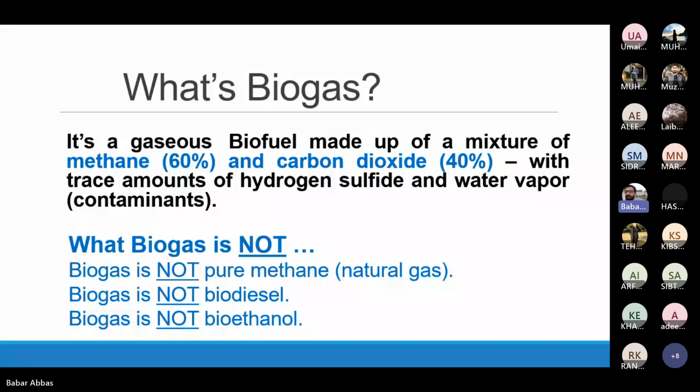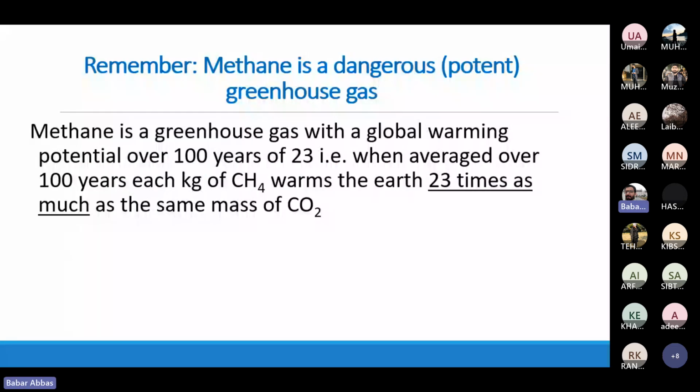Remember, methane is a very potent greenhouse gas, and it has a global warming potential of 23 as compared to carbon dioxide, which has a global warming potential of 1. So it's 23 times more potent than carbon dioxide.